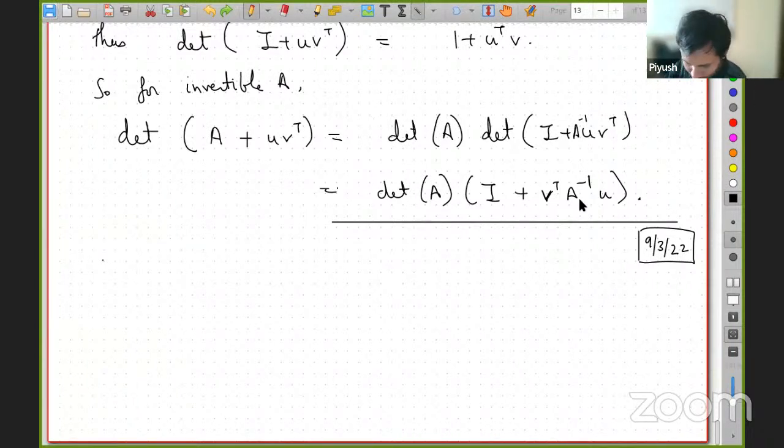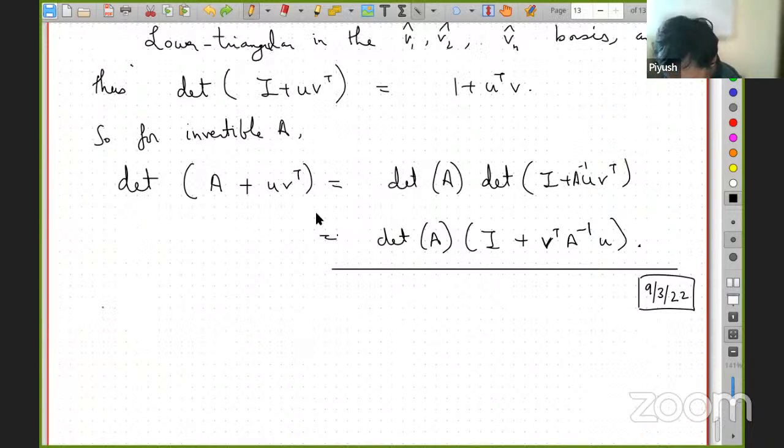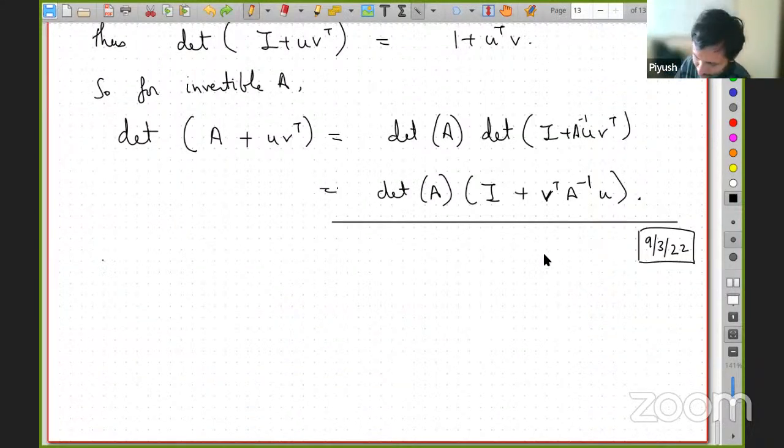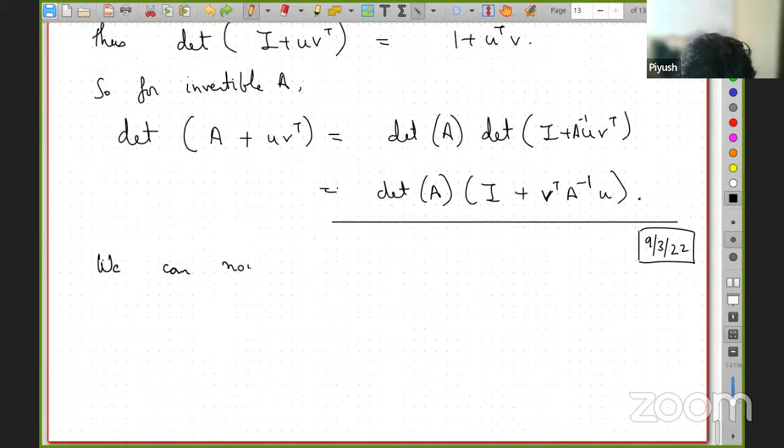Okay, so we already saw how the determinant changes under a rank 1 update. Now we can apply this to the characteristic polynomial.